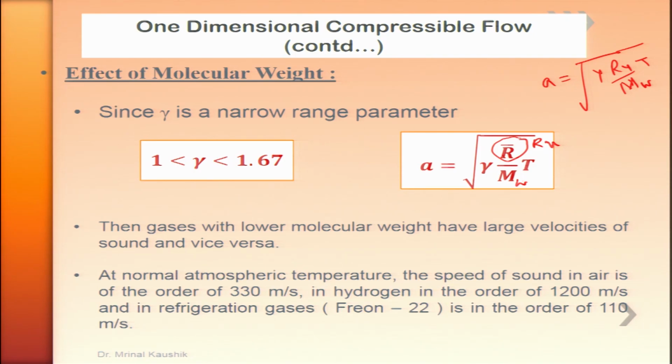Please note that gamma, as I said in the previous discussion, is a narrow-range parameter, between 1 and 1.67. For polyatomic gases, gamma is slightly more than 1. However, it is less than or equal to 1.67, which is the value for monatomic gases, and 1.4 we have already seen from the kinetic theory is for diatomic gases.